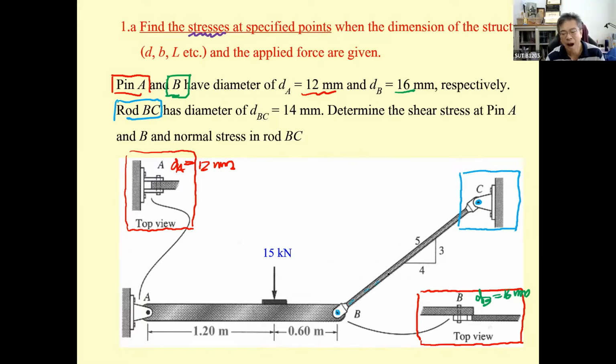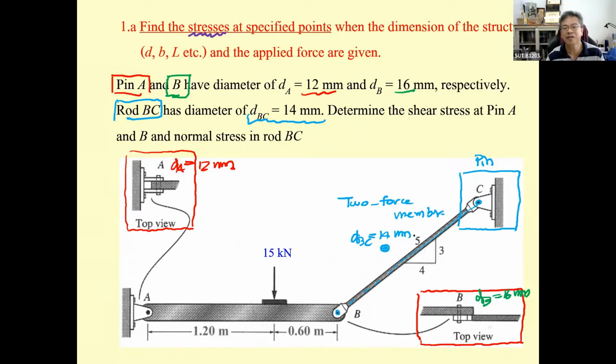But considering this rod, with a pin at B and a pin at C, this is a kind of two-force member. As you may see, this one has a diameter of 14 millimeter, so it is going to have a circular cross-section with 14 millimeter diameter.